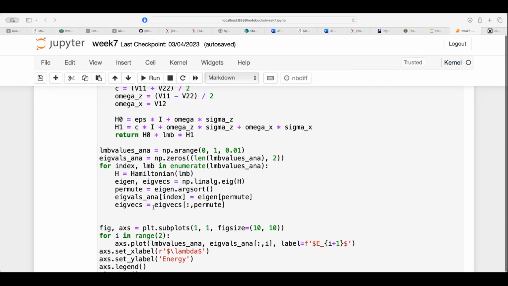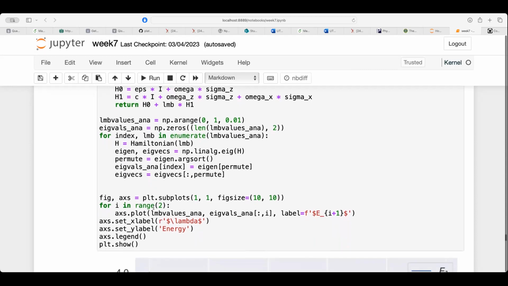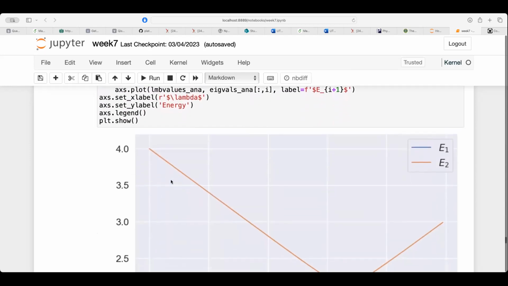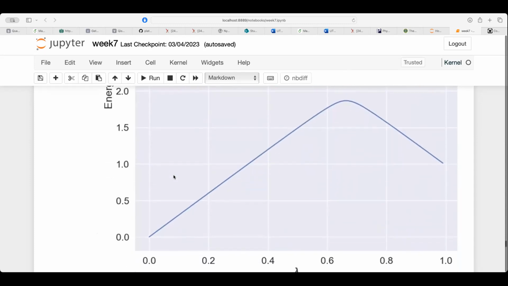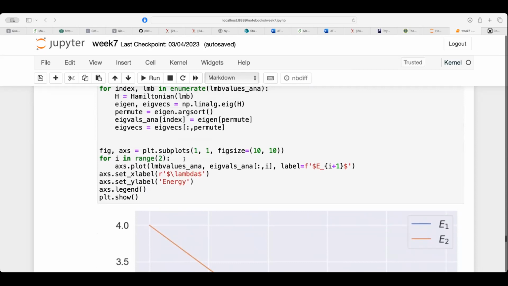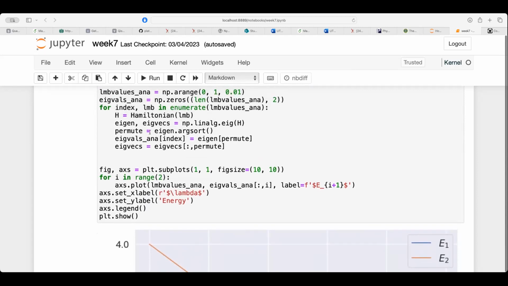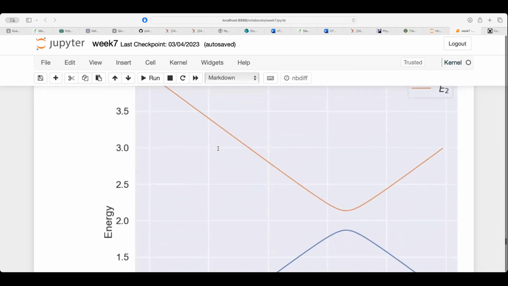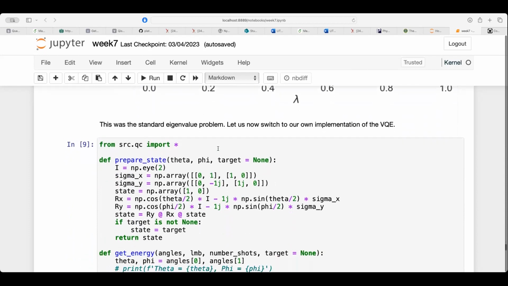So this just sets up the Hamiltonian matrix elements. And then this is just a plain diagonalization. This is the exact solution by calling an eigenvalue solver. As you can see here, we just call linalg.eig and find the eigenvalues. Nothing special. So then we have the exact answer.